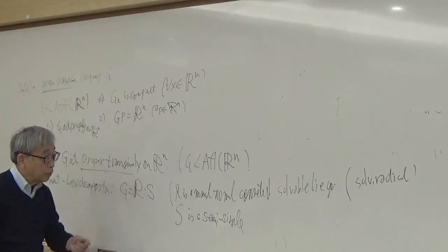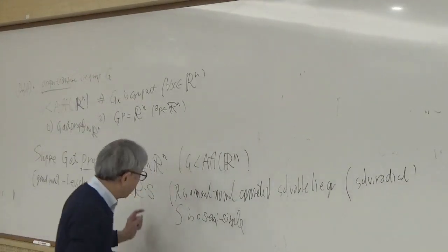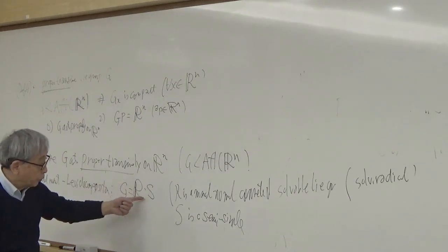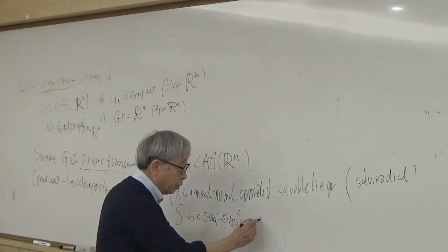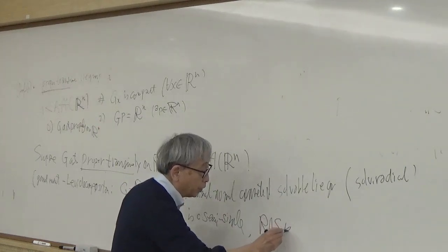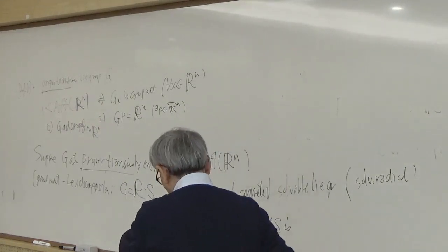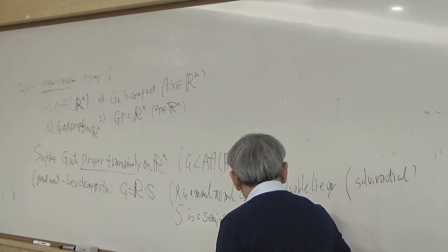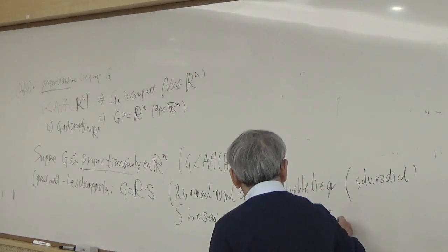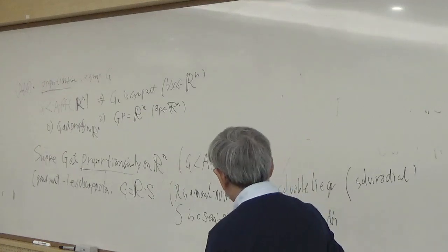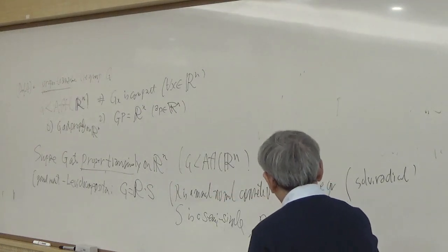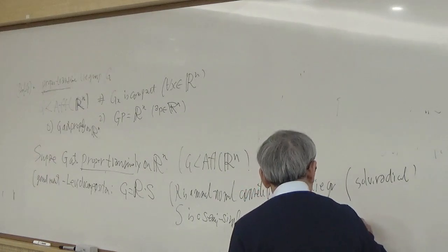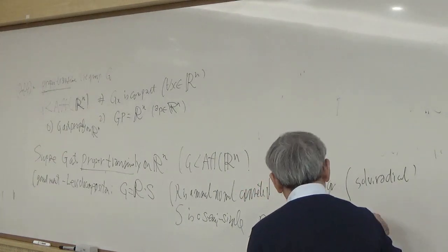And this dot means intersection. So R is a normal subgroup, S is a complementary semi-simple group, and the intersection is, in general, a totally disconnected central subgroup.